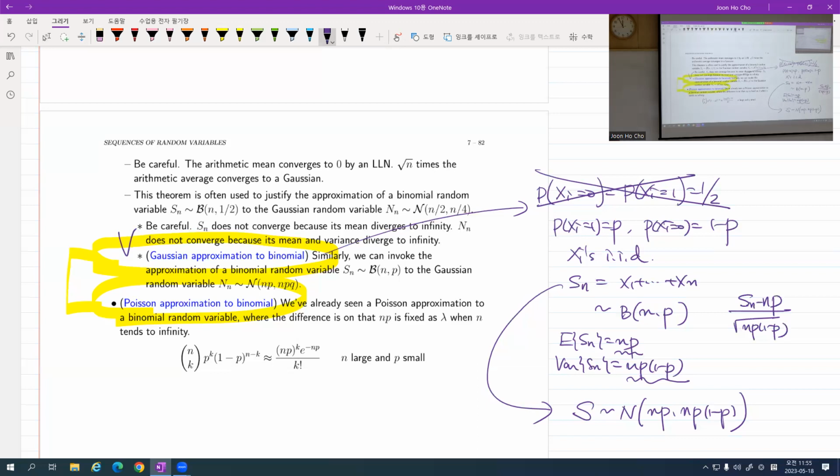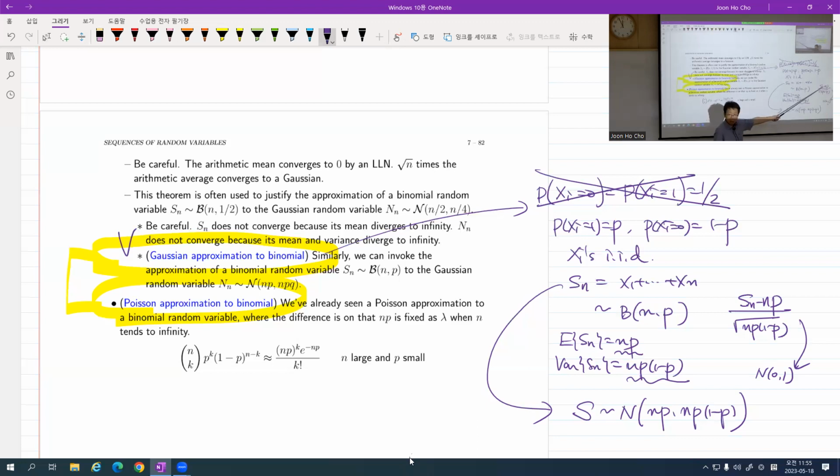Now, you can show that the characteristic function of this one converges to the characteristic function of the zero mean, unit variance Gaussian. And then, as I told you, you scale that one by multiplying by the square root of n times p times 1 minus p. Then your variance goes back to np(1 minus p).